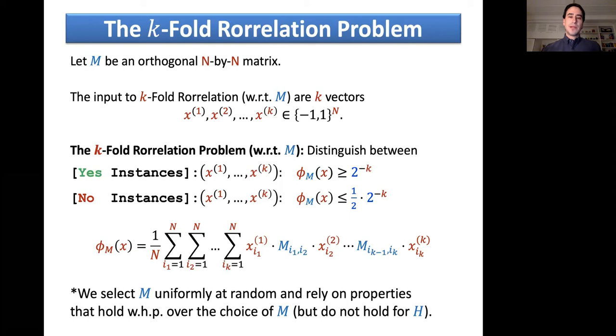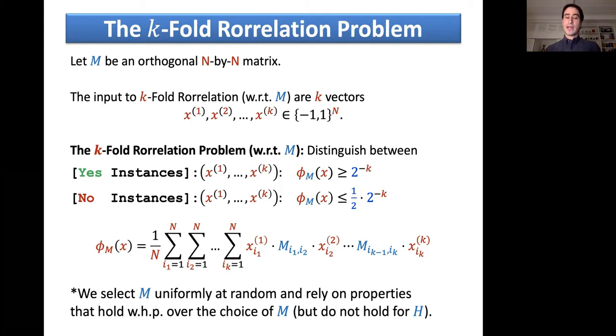So now that we have this matrix M, we can define the Rorrelation problem with respect to the matrix M. We are given k vectors, and we need to decide whether these k vectors have phi of M of x greater than some value, here it's 2 to the minus k, or smaller than half times this value.